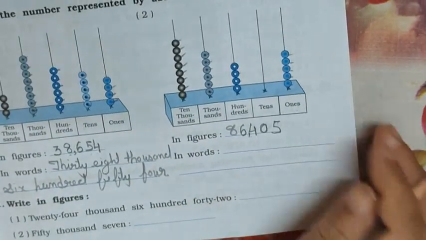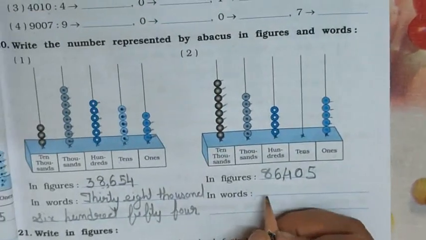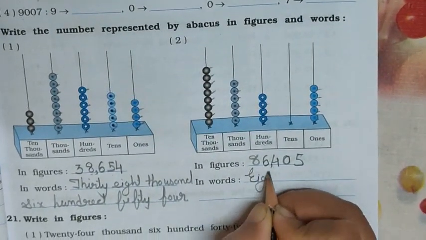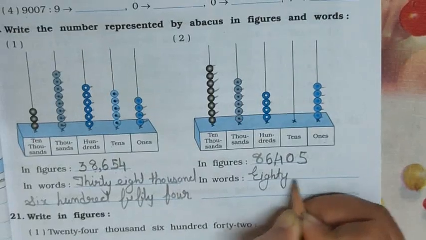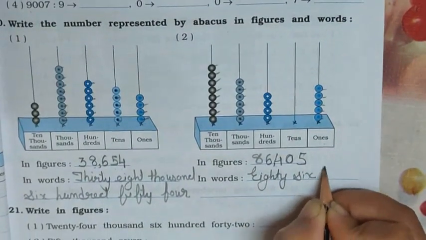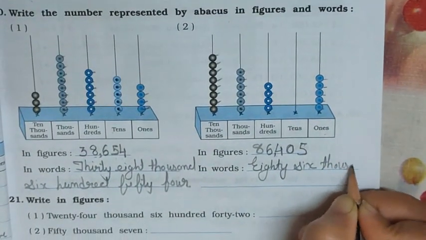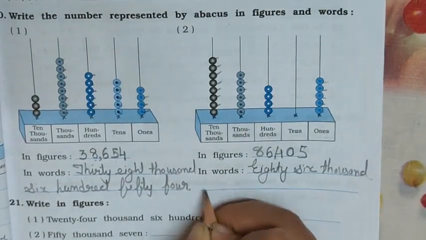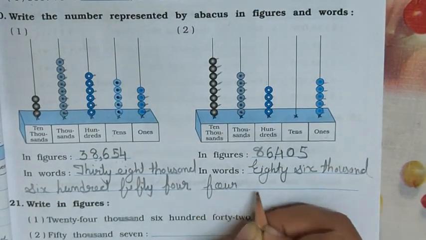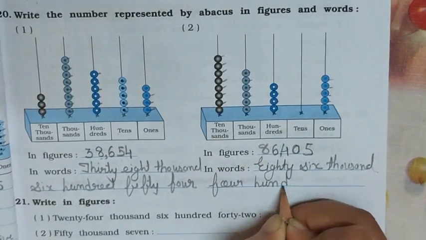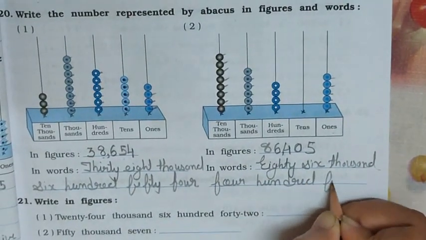So your number is 86,405. Write down here in words. Now see the next one, 21.